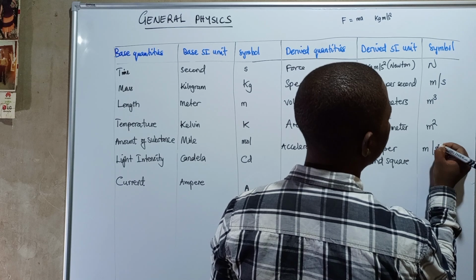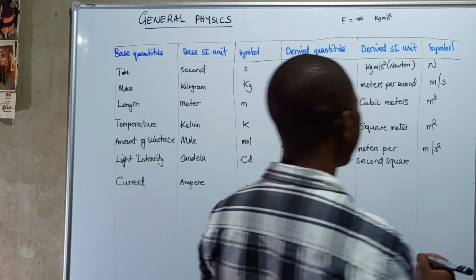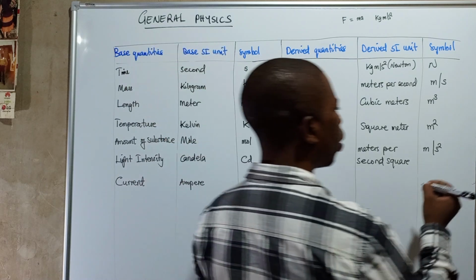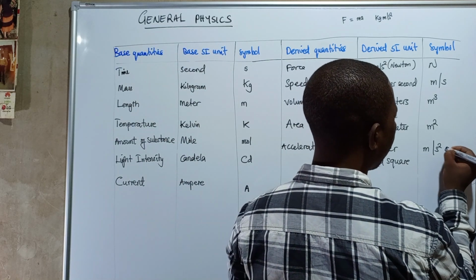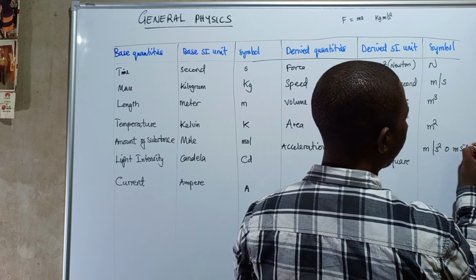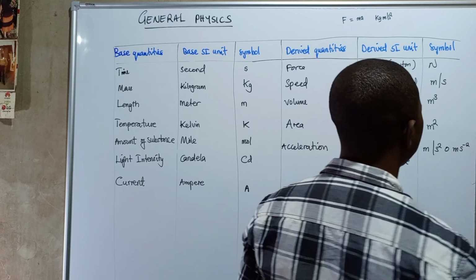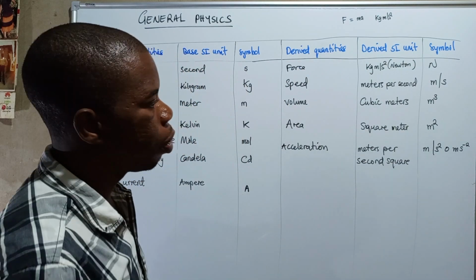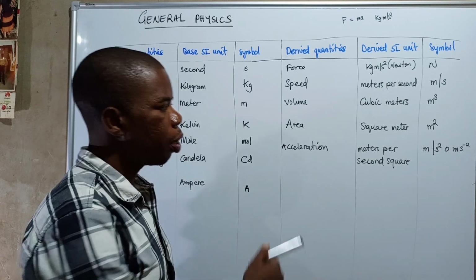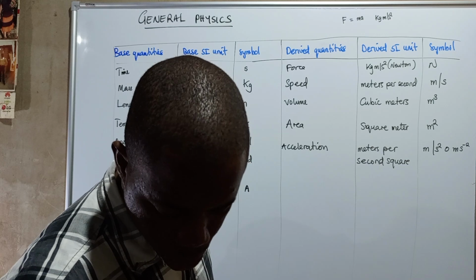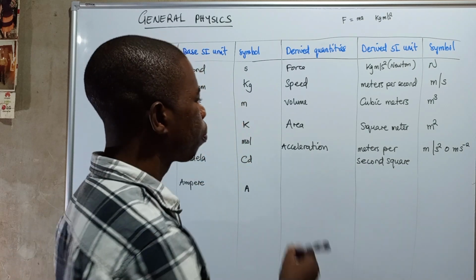That is the unit for acceleration, which in other books they write as m s to the power -2. So either this one or that one is the SI unit for acceleration, and acceleration is a derived quantity.